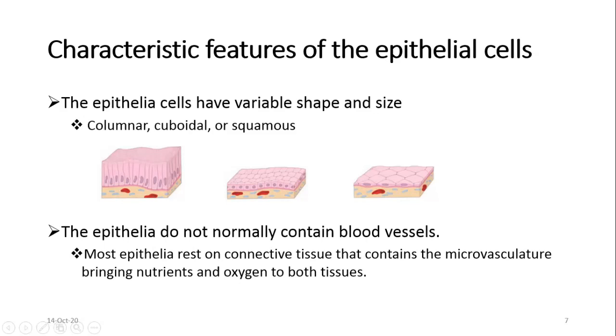The epithelia do not normally contain blood vessels. They are avascular. Why? Most epithelia rest on connective tissue, and this connective tissue contains the microvasculature, bringing the nutrients and oxygen for both the epithelia and the connective tissue.